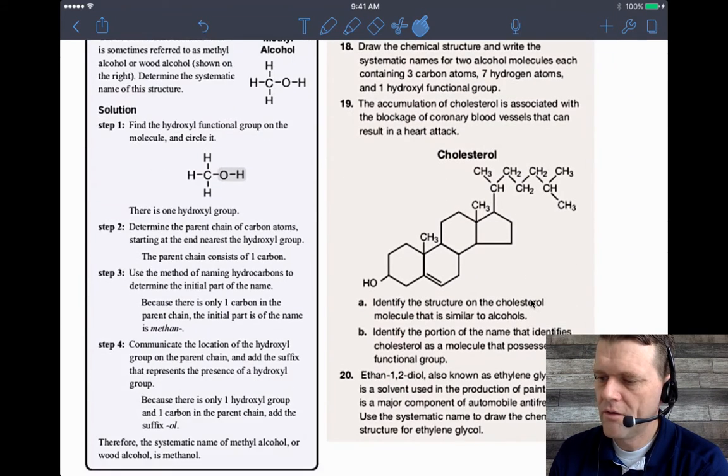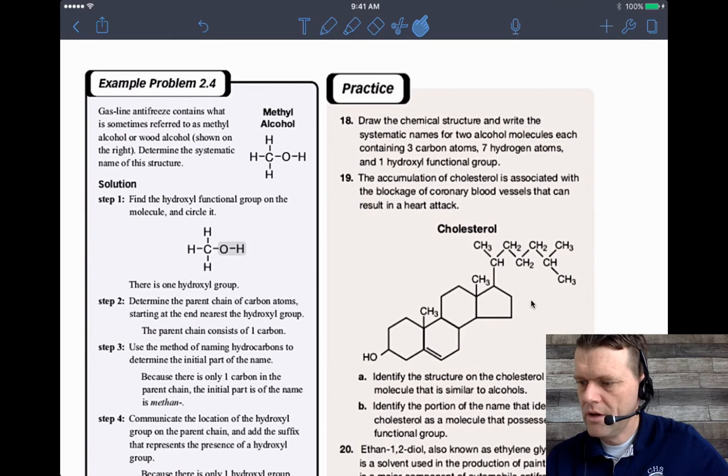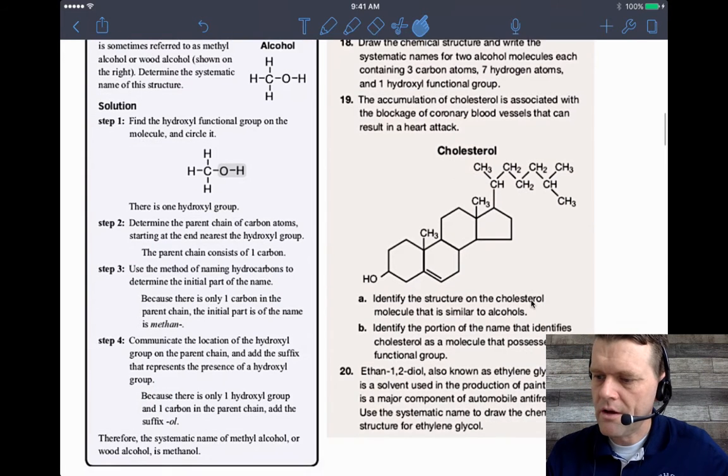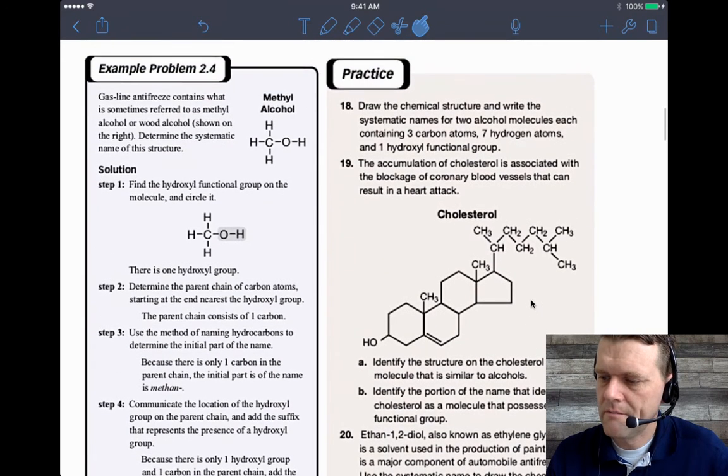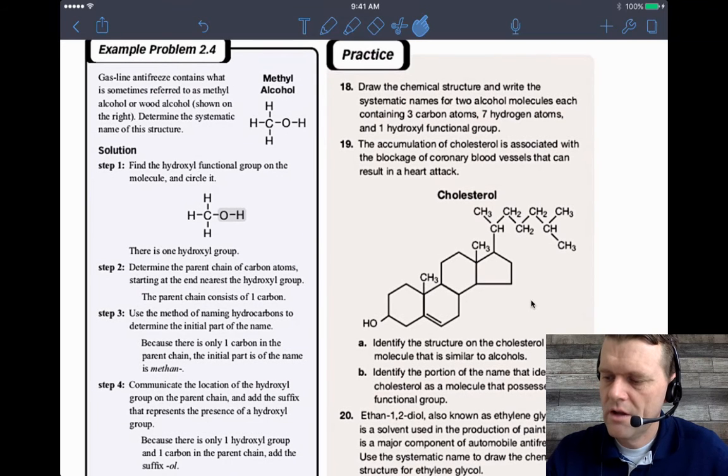One more quick one before we work through an example. Gas line antifreeze, that's a classic one. It's technically methyl alcohol, but the structure is just an OH group replacing one of the hydrogens right there.